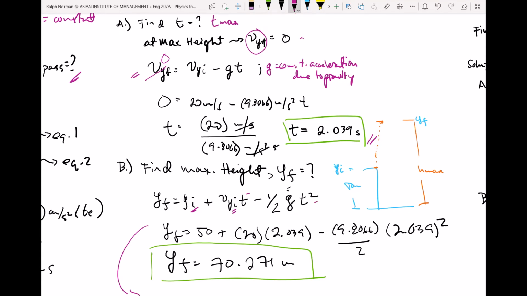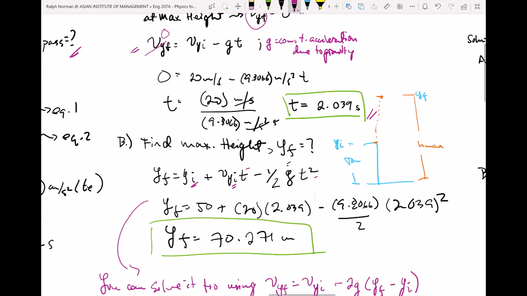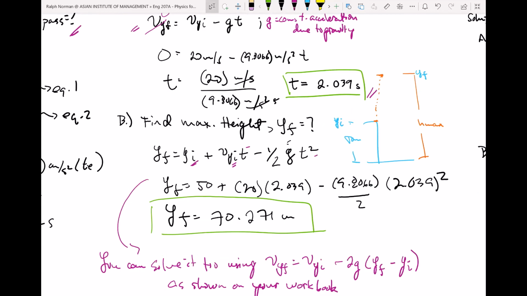All we have to do now is just substitute values, making use of the formula given all the present variables to identify the unknown, which is your yf. Substituting the values will give you 70.271 meters.